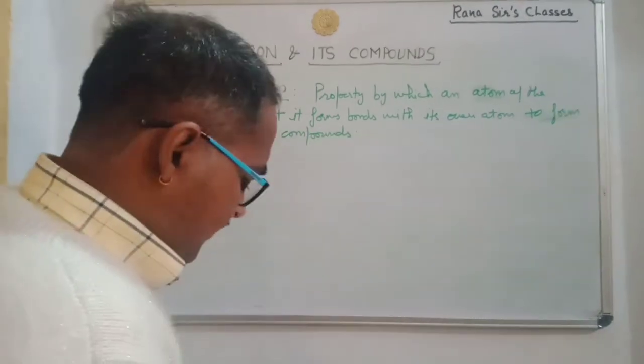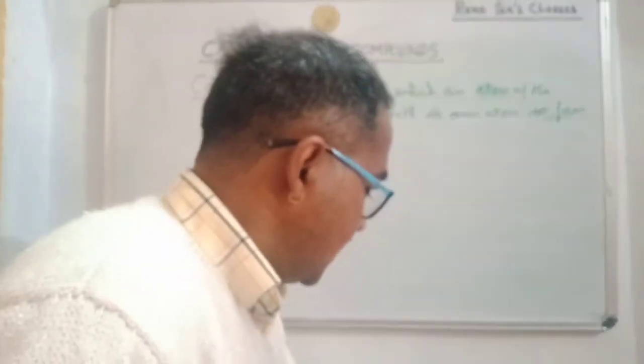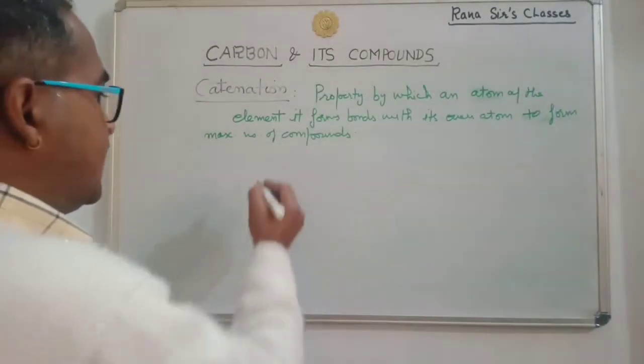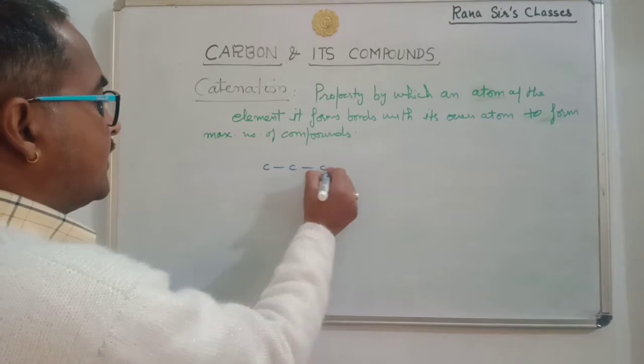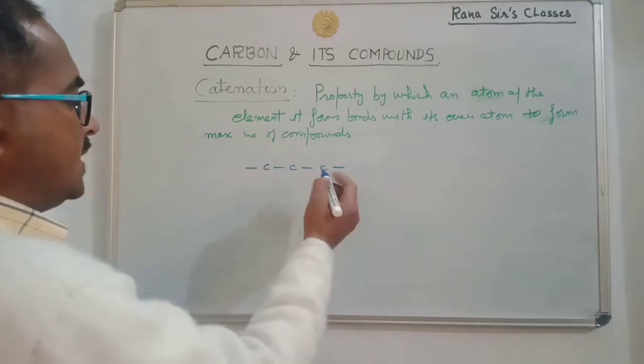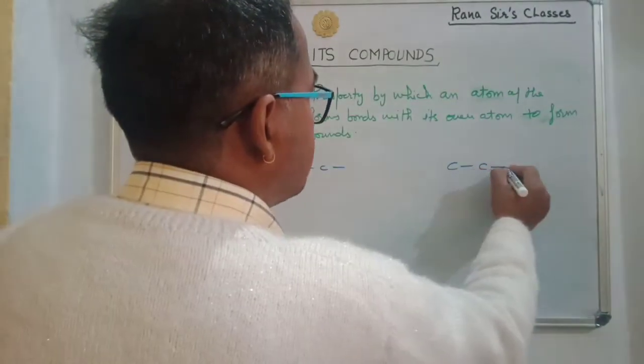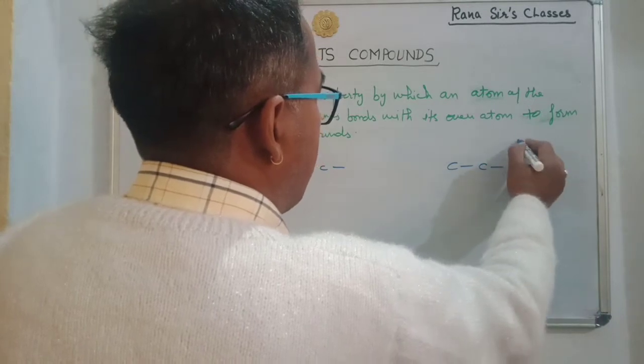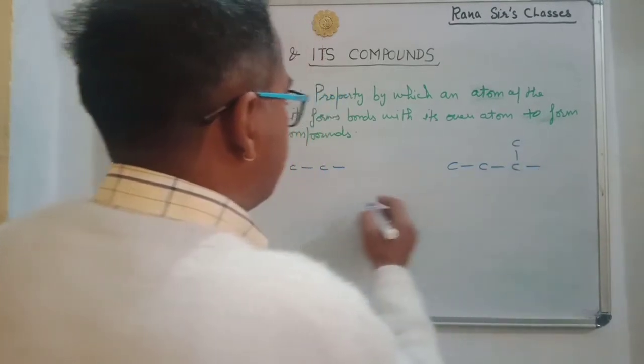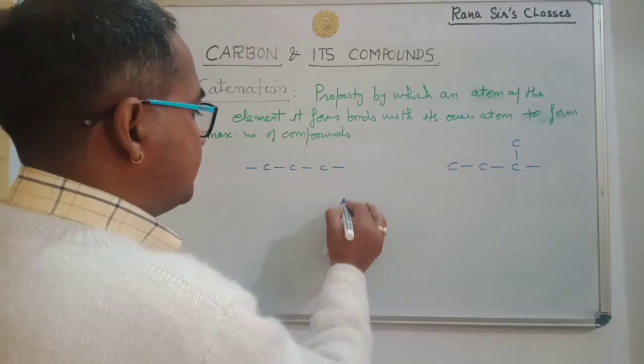So in case of carbon, how it happens, you see here students, like this. This is the property by which carbon forms the maximum number of compounds.